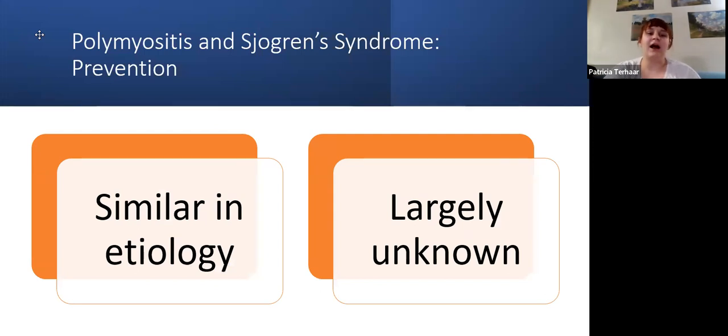For prevention, I lumped together polymyositis and Sjögren's syndrome because they are very similar in etiology, in that we don't know exactly what causes them. We have theories on genetics, viruses, and environmental impacts, but it's still very largely unknown.